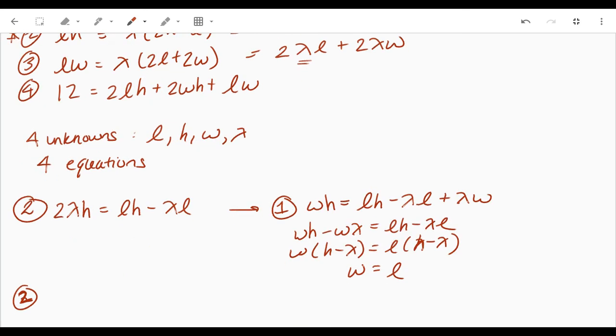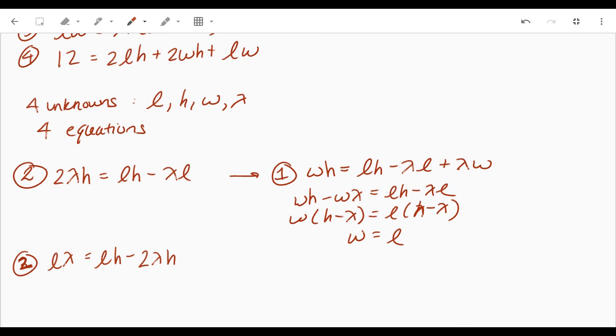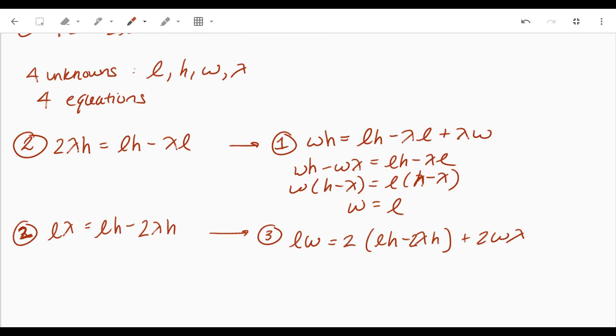Okay, so in the second one, L lambda equals LH minus 2 lambda H. And I'm going to plug it into the third one so that LW equals 2LH minus 2 lambda H plus 2W lambda.